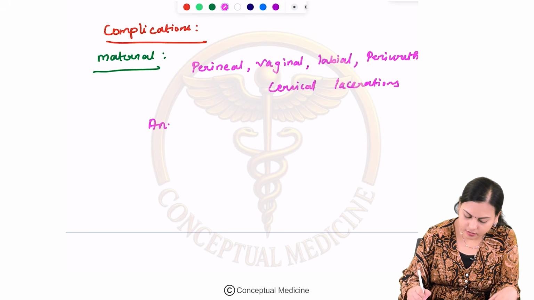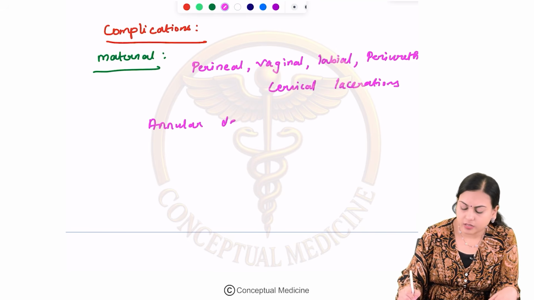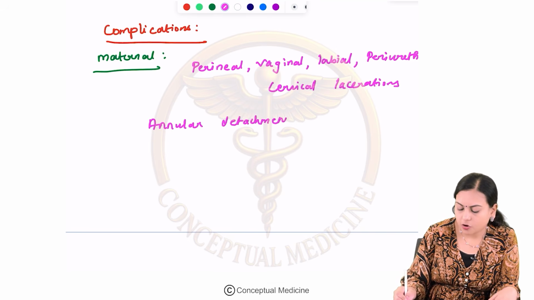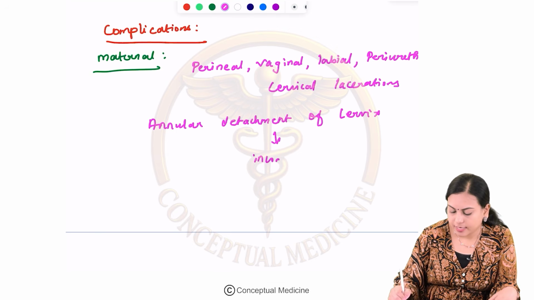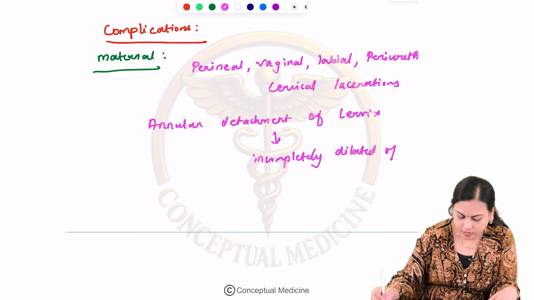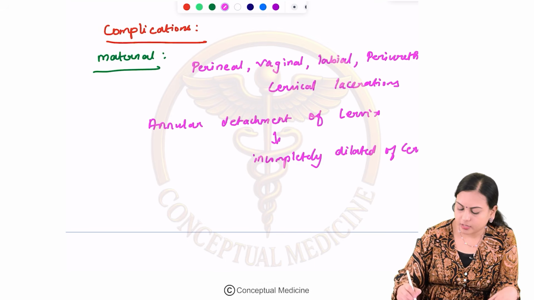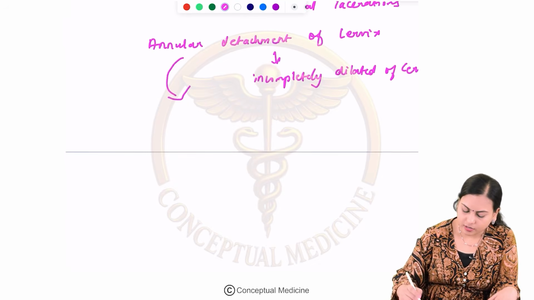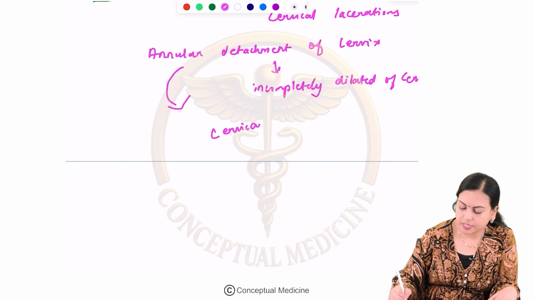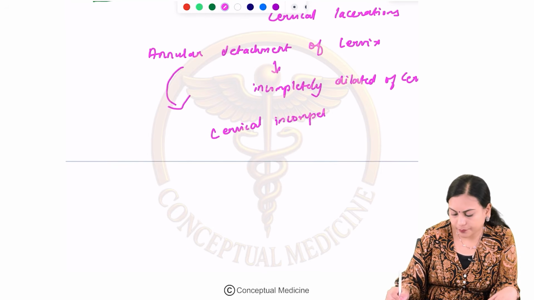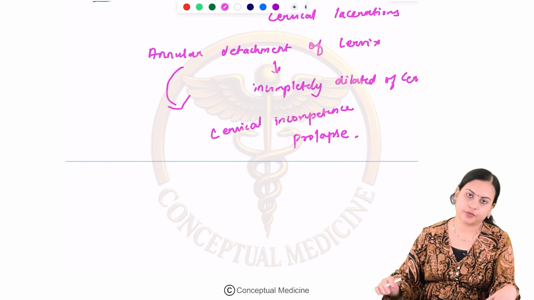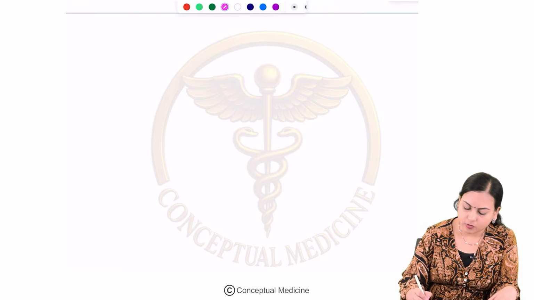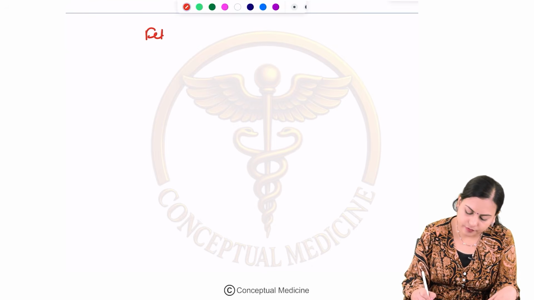Then annular detachment of cervix can happen if it is applied to an incompletely dilated cervix, right? And there can be chances of cervical incompetence in the future pregnancies as well as prolapse also. Yes. Now, what are the fetal complications expected?